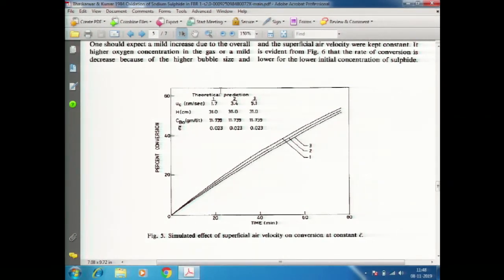So, as long as the height of the foam is fixed, surface area is fixed, interfacial area is fixed. Interfacial area of the gas liquid interface is important, thickness becomes unimportant, liquid holdup becomes unimportant. So, if the reaction were faster, the liquid holdup would play even smaller role.